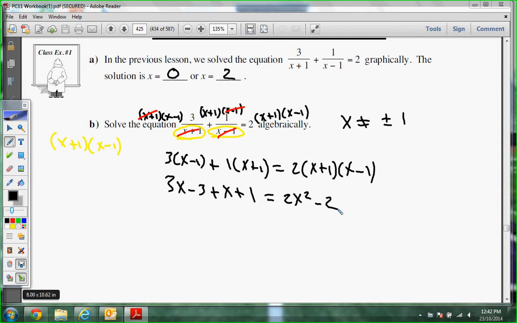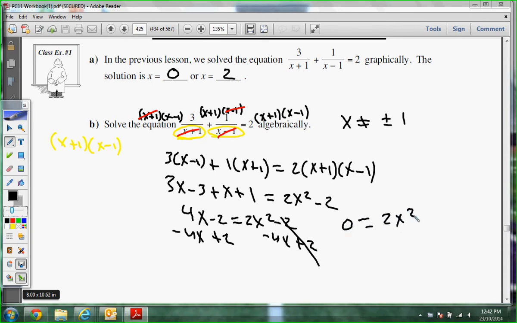So I have 3x and 1x is 4x minus 2 equals 2x squared minus 2. I'll move this up this way to keep my x squared positive. The negative 2 plus 2 cancel. So all I'm left with is 0 equals 2x squared minus 4x.